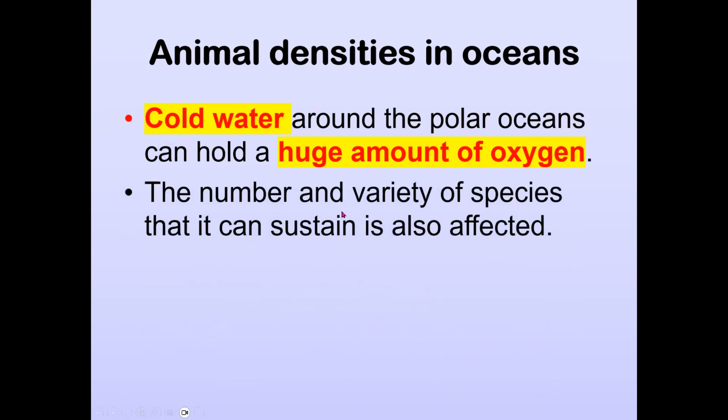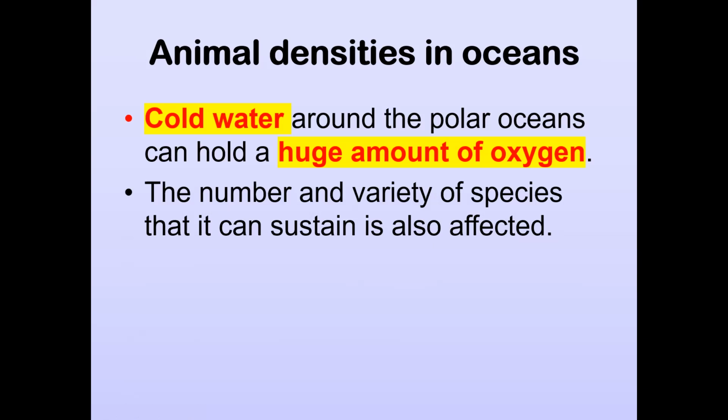There aren't great numbers of species in the Antarctic or the Arctic, just because they haven't developed. Nowhere near as many as around the temperate areas in the equatorial areas. But the cold water can sustain an incredible amount of life.